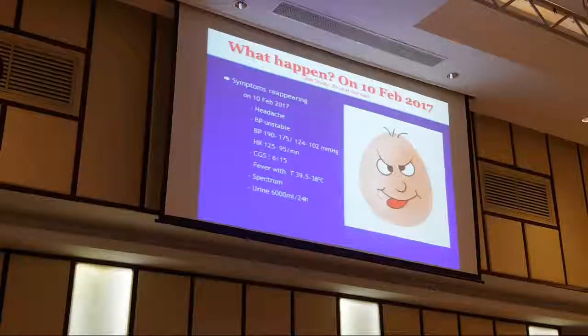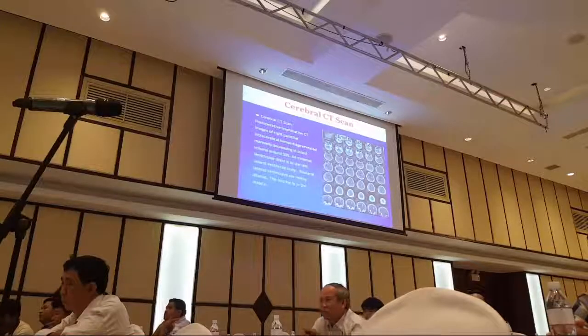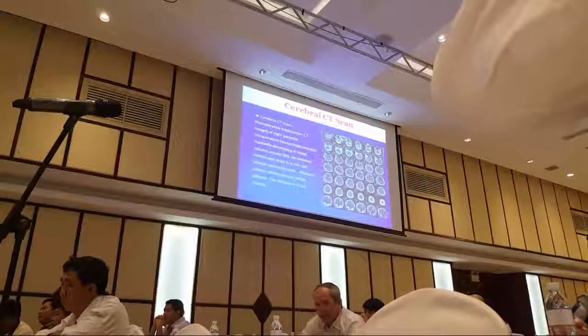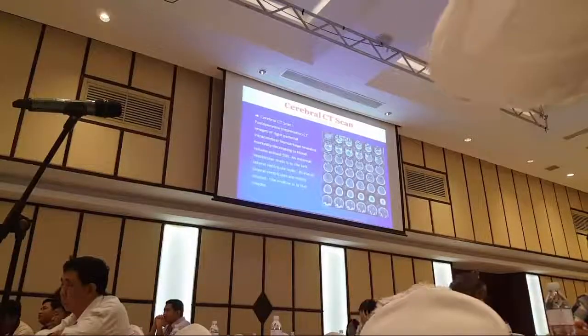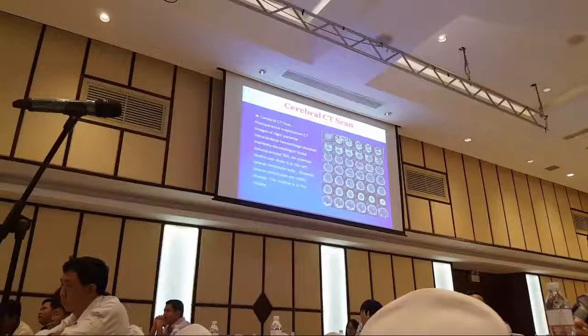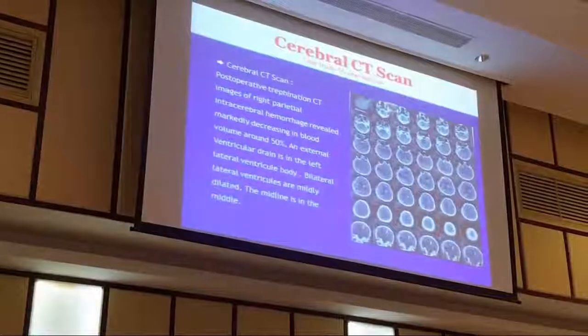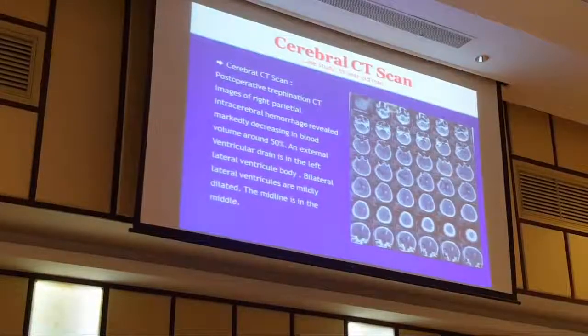So the second operation went ahead, and I said the patient is going to die for sure. For this second surgery, they put an external ventricular drain in the left lateral ventricle.